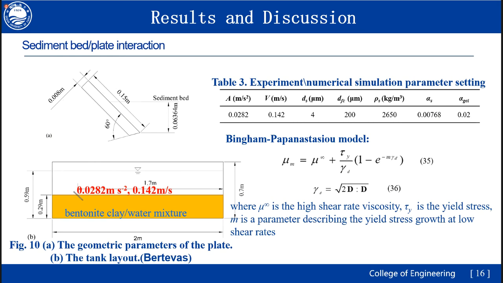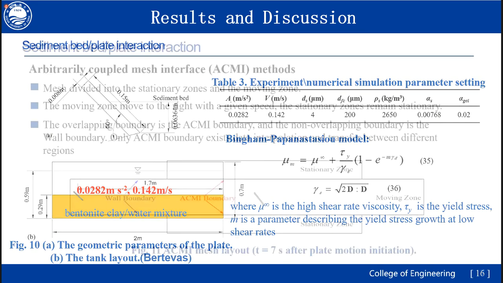We disturb the seabed to get the minerals from the seabed, and at first it needs acceleration. The acceleration is 0.0282 meters per second squared, and when it reaches the velocity 0.142 meters per second, it keeps a constant velocity.